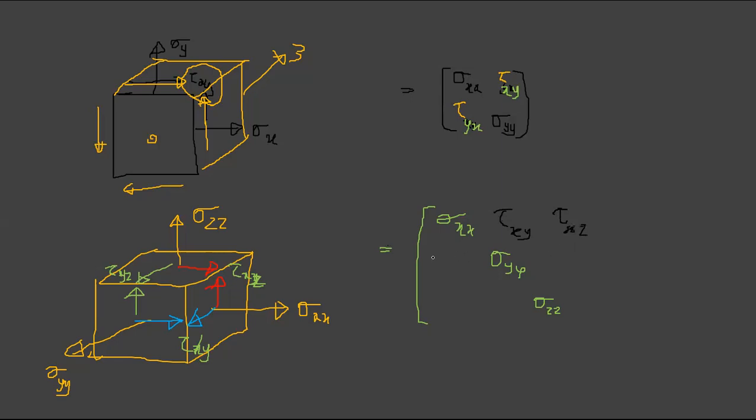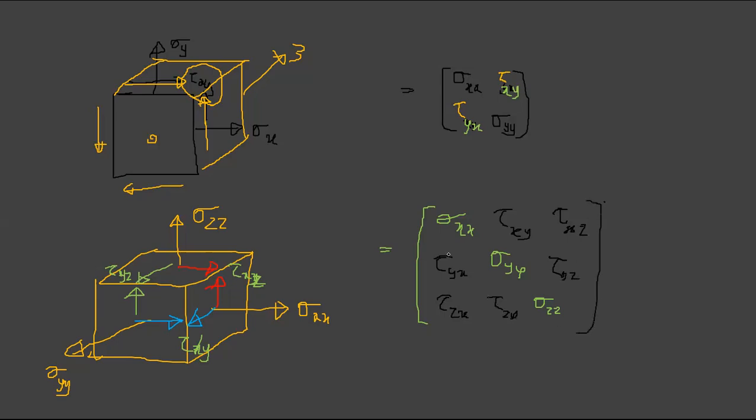So this is going to be tau yx, tau zx, tau zy, and this is going to be tau yz, right?